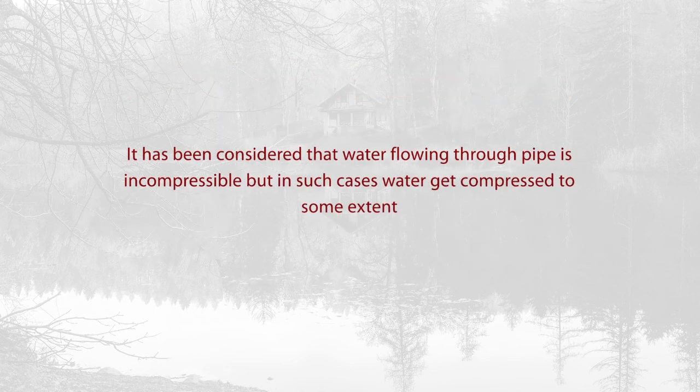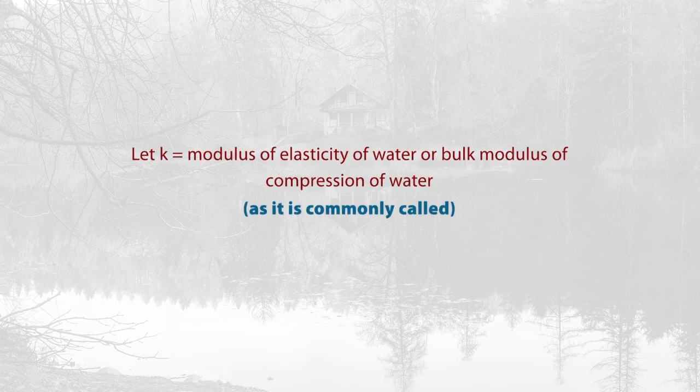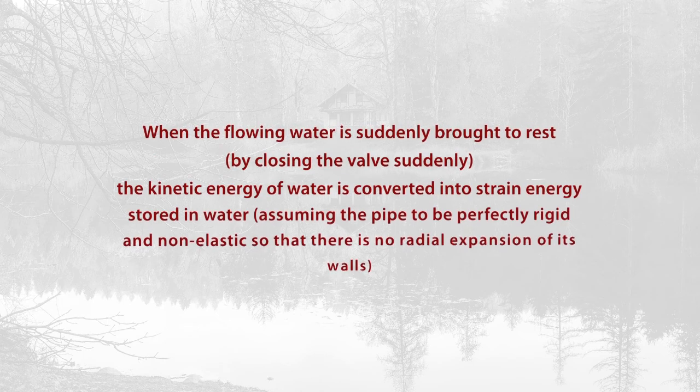It has been considered that water flowing through the pipe is incompressible, but in such cases water gets compressed to some extent. Let K be the modulus of elasticity of water, or bulk modulus of compression of water. When the flowing water is suddenly brought to rest, the kinetic energy of water is converted into strain energy stored in the water.